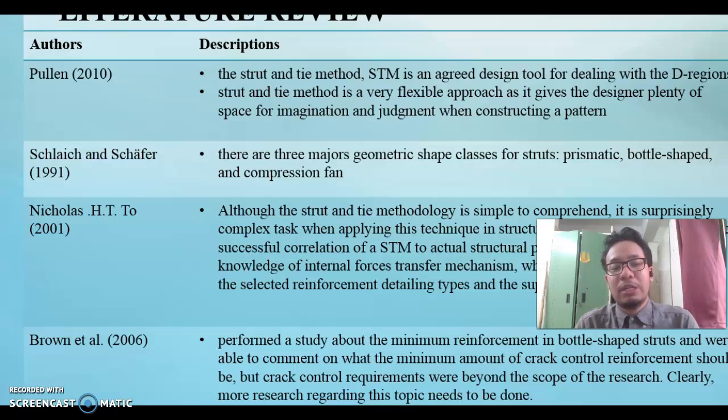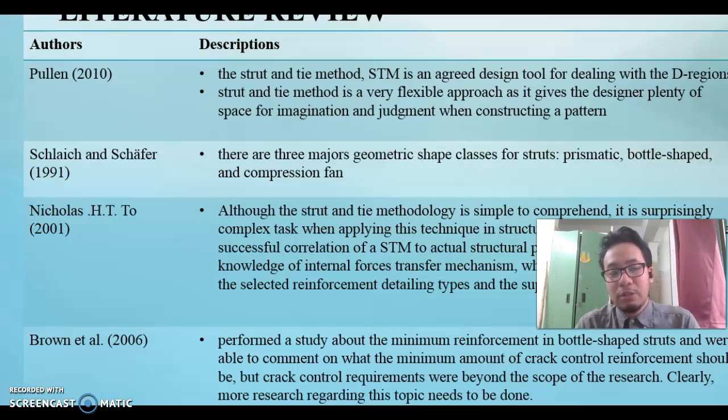According to Nicholas H.T. Toh 2001, although the strut and tie methodology is simple to comprehend, it is a surprisingly complex task when applying this technique in structural analysis. It is because the successful correlation of STM to actual structural performance requires sufficient knowledge of the internal force transfer mechanism, which is primarily influenced by the selected reinforcement detailing type and the support condition.